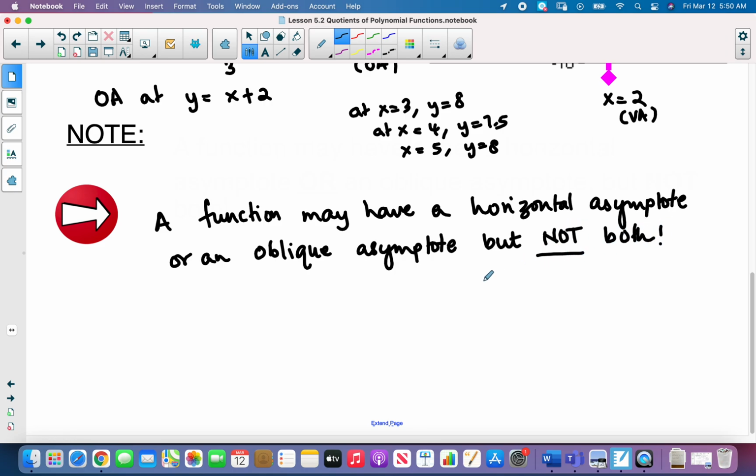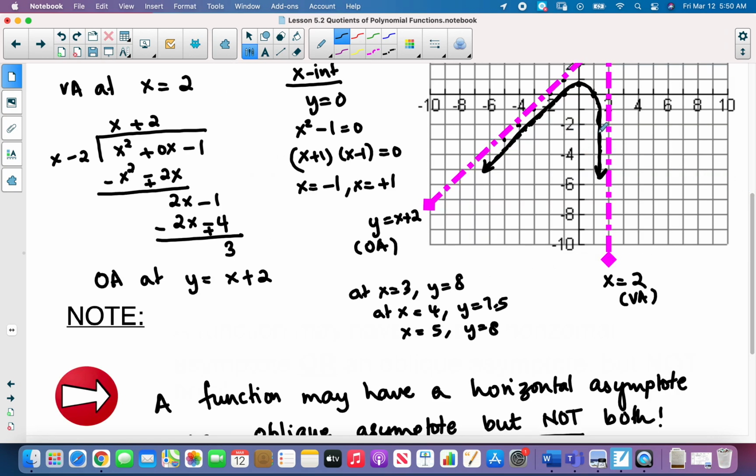So you notice in this example you have a vertical asymptote and oblique, but there's no horizontal asymptote.